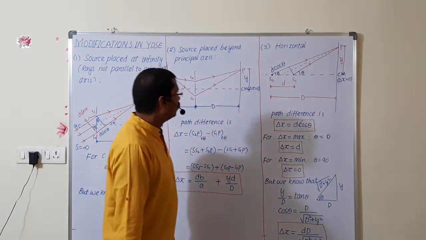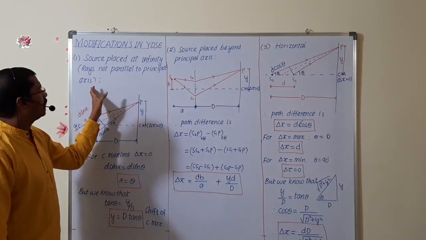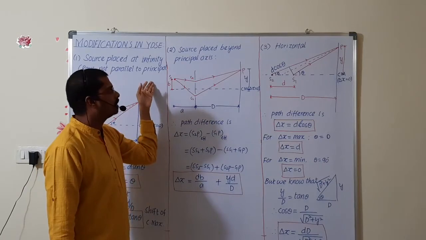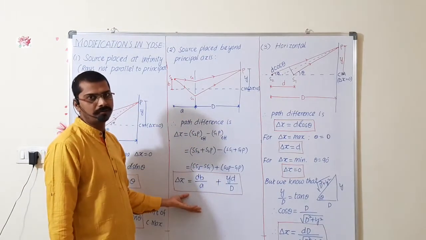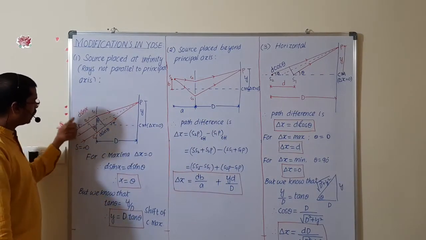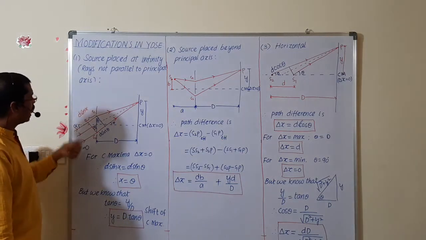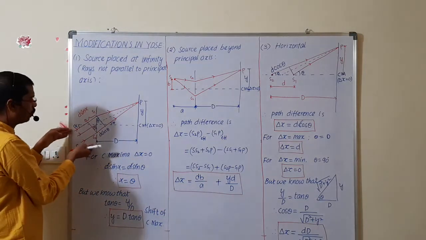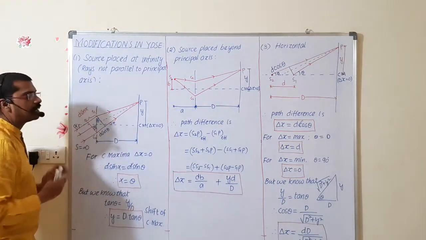Okay. Now, this is a source placed at infinite distance, above the principal axis. The same condition applies above the principal axis and below the principal axis. Whether the source is below or above the principal axis, the condition is the same.